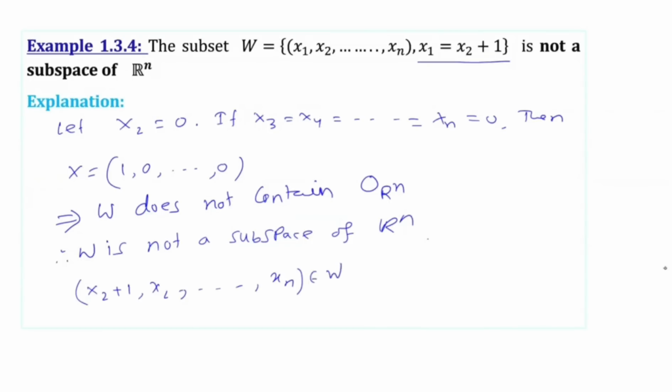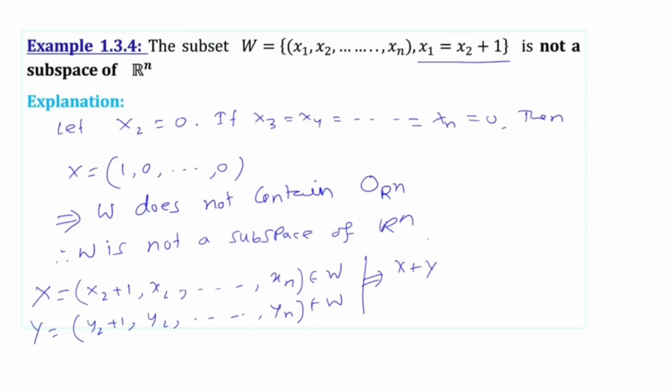So in general, a vector in W can be given as (x2 plus 1, x2, ..., xn). In the same way we can take (y2 plus 1, y2, ..., yn), which also belongs to W. This is the second way to verify that W is not a subspace.